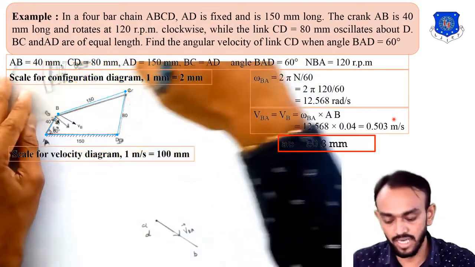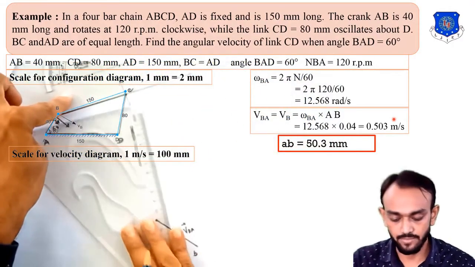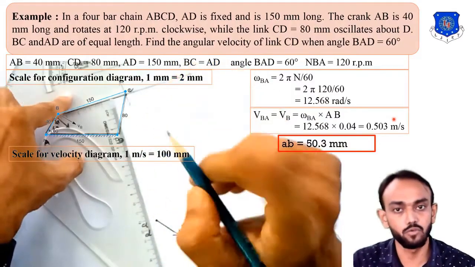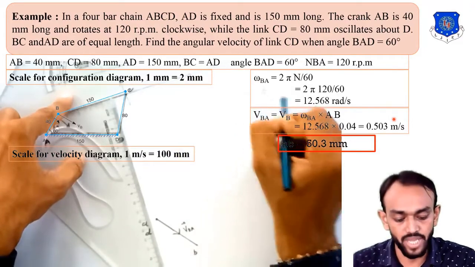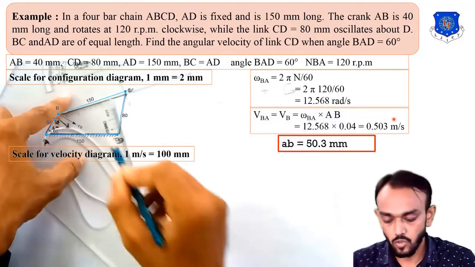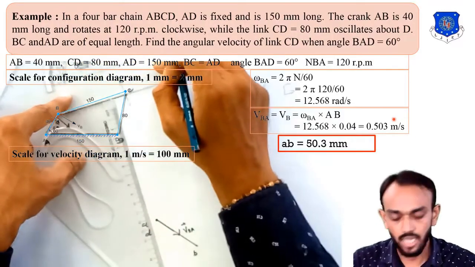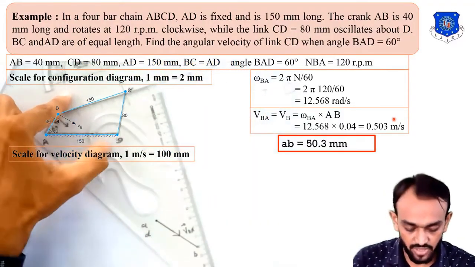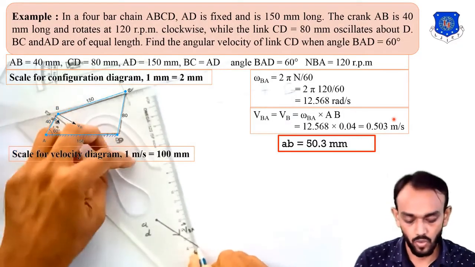So we will put the set square on the BC link, and now we are talking about C with respect to B. Using the set square we will draw the line from B, like here.